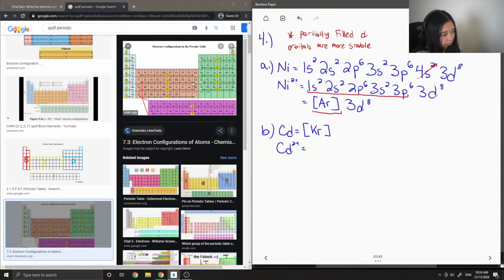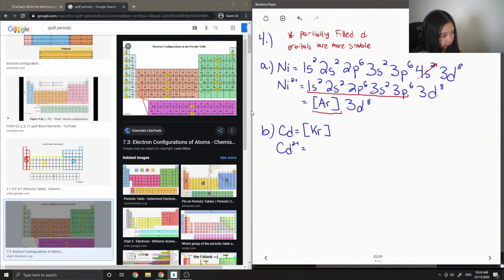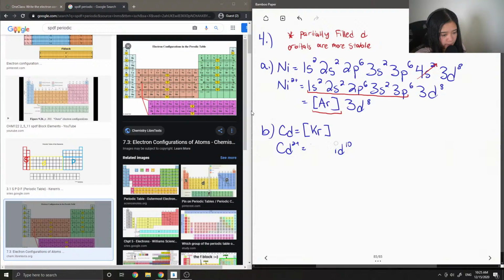I'll put that in square brackets, and then starting at row 5, after krypton, cadmium's right here. We write 5s2, 4d10.